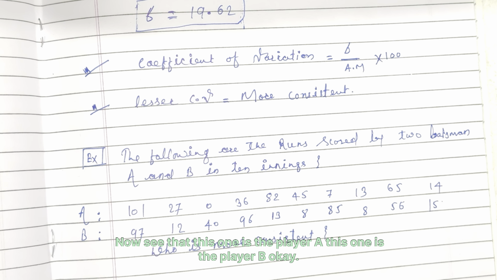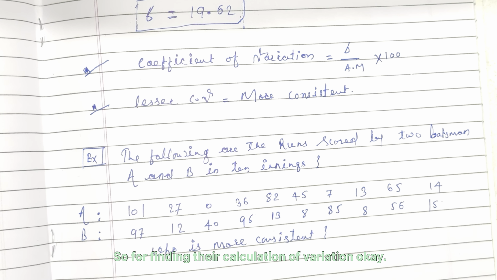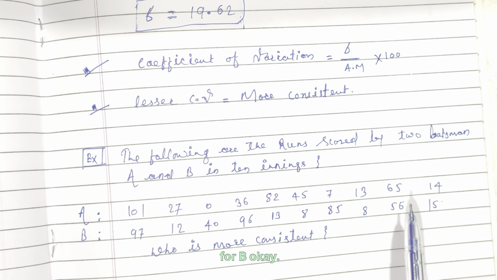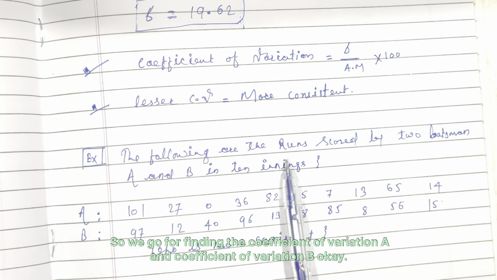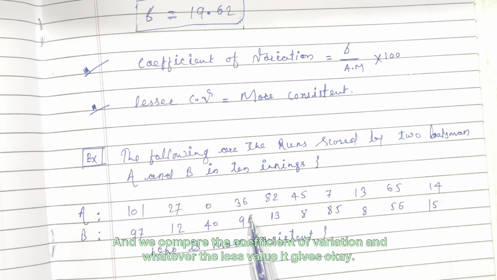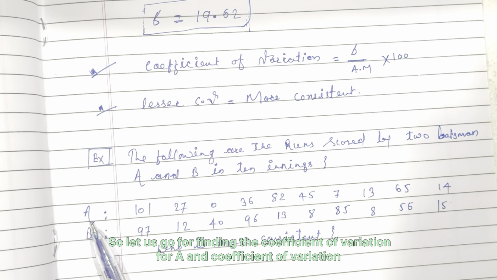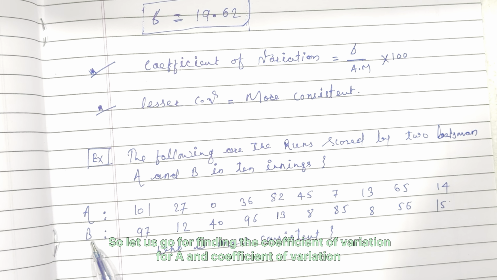This one is player A, this one is player B. For that, first of all we have to find the coefficient of variation for A and the coefficient of variation for B. Then we compare their coefficients of variation, and whichever gives the lesser value is more consistent. So let's go for finding the coefficient of variation for A and for B.